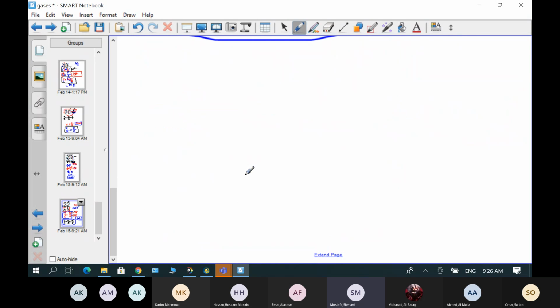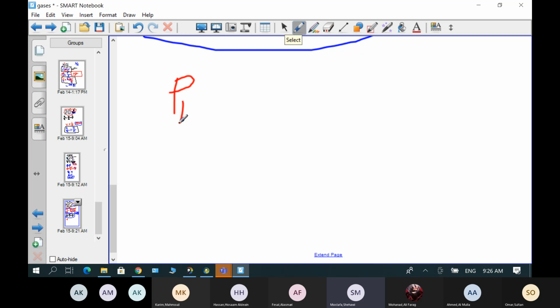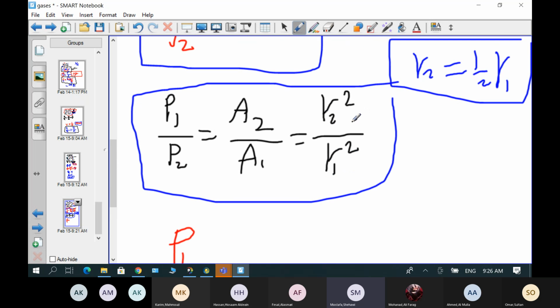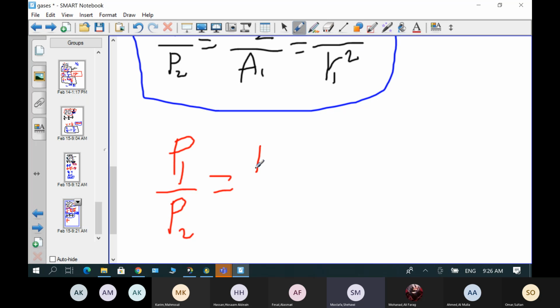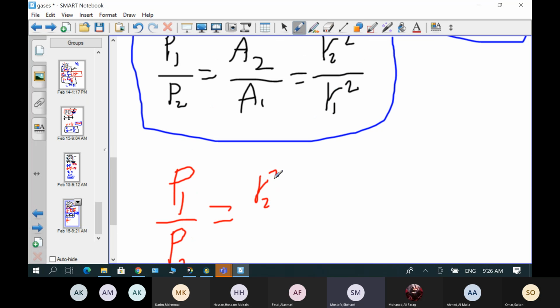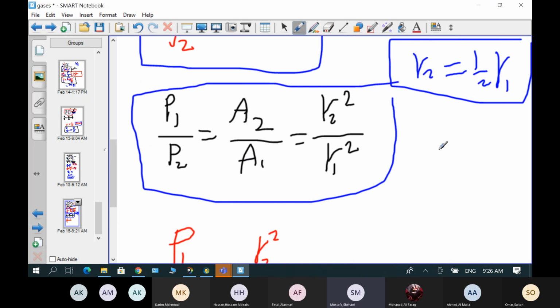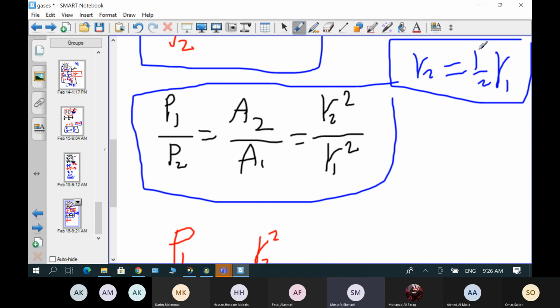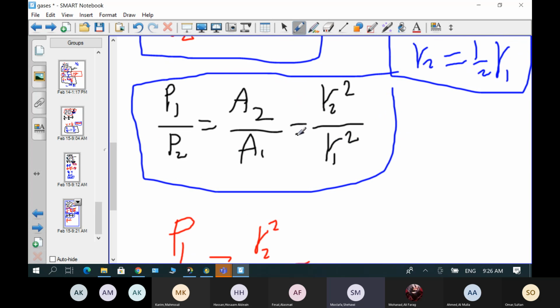So let's come back and type it here. P1 divided by P2 equals R2 squared divided by R1 squared.